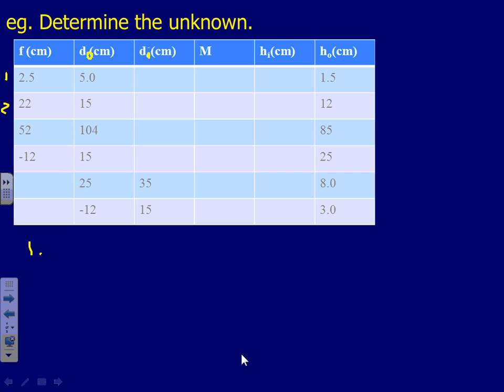1 over di plus 1 over do equals 1 over f.